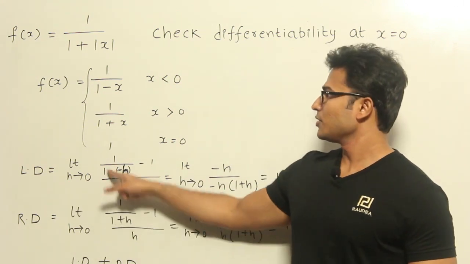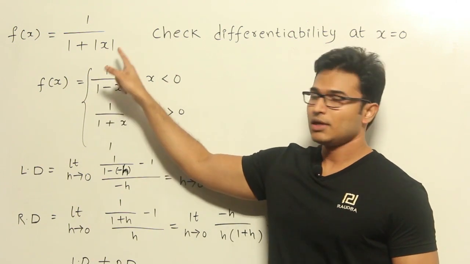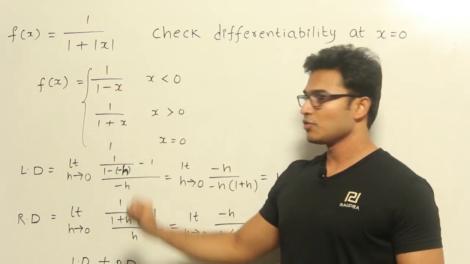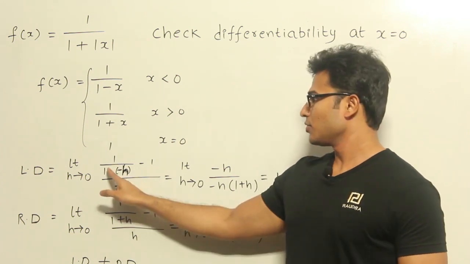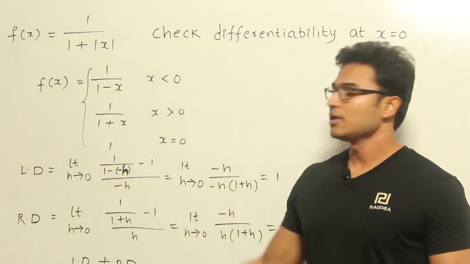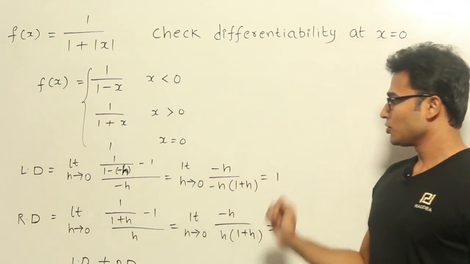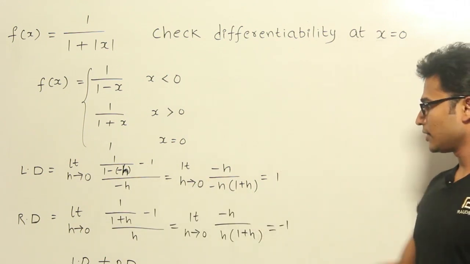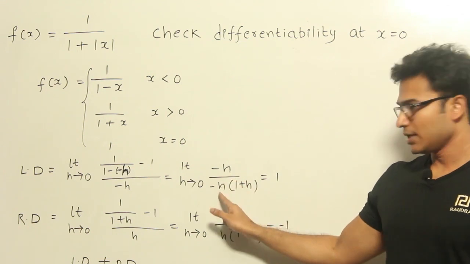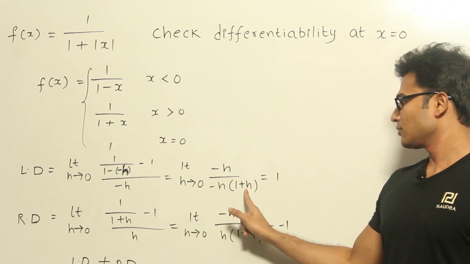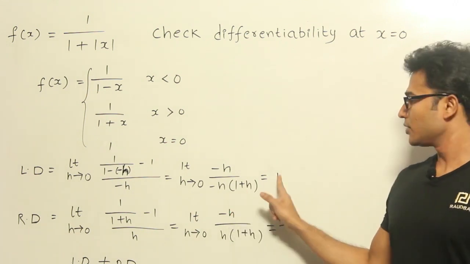So whenever you are talking about a negative number, you are supposed to use this function. In place of x, I substitute minus h, so I get 1 by 1 plus h, minus 1, divided by minus h. It is going to be 1. Why is it 1? These two get cancelled out, minus minus becomes plus, and if you substitute h equal to 0, you get 1.